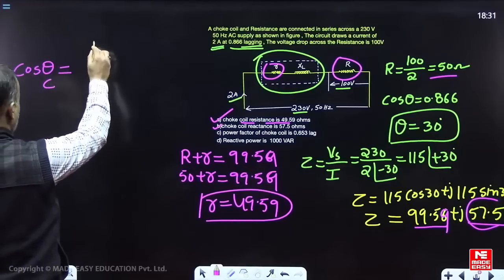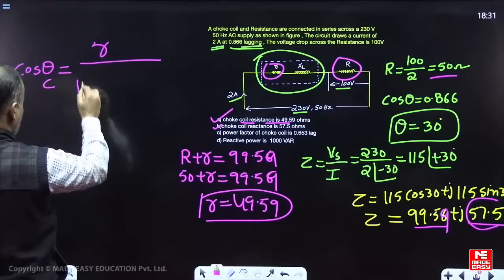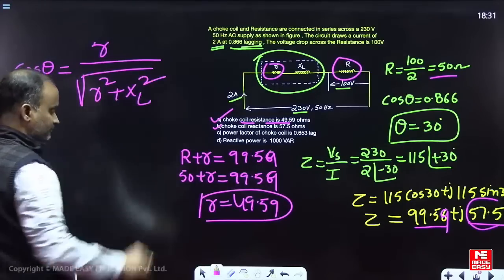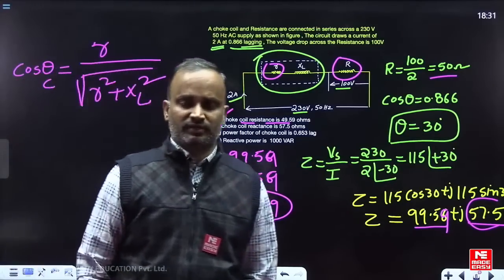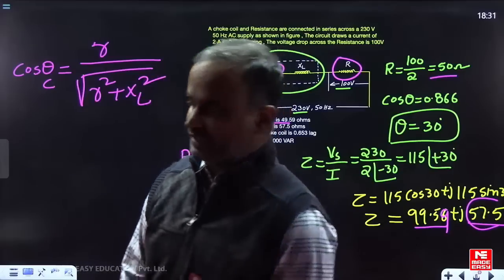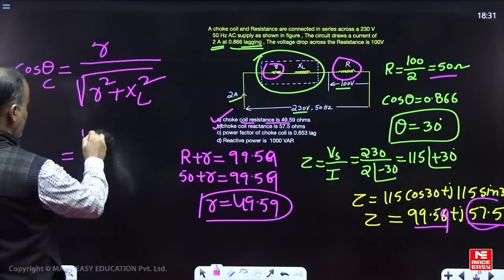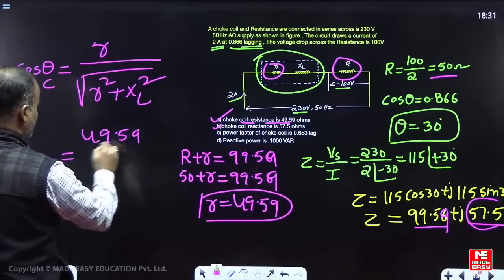For that we can use R square and the corresponding XL square. To find the power factor of the choke coil, we have to include the respective internal resistance and corresponding reactance. Internal resistance, just now we concluded, is 49.59.